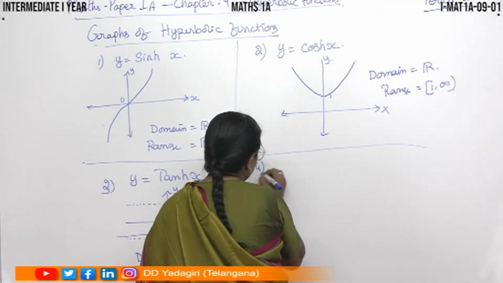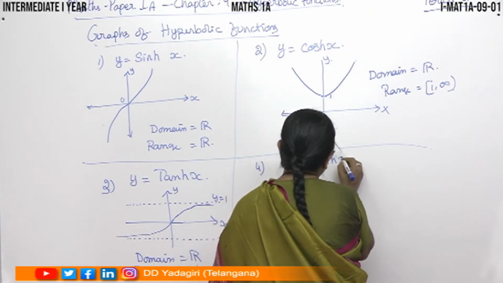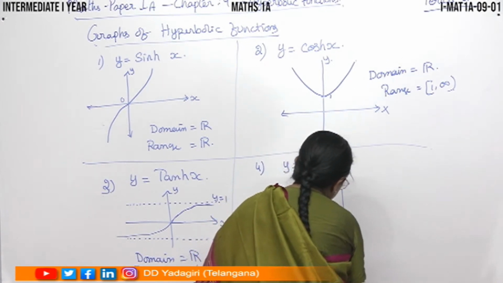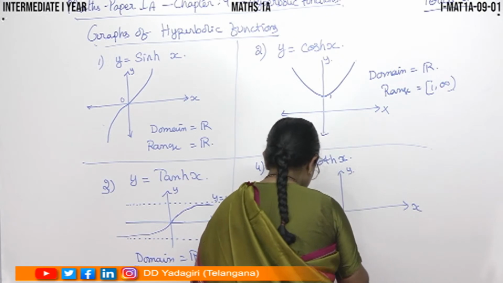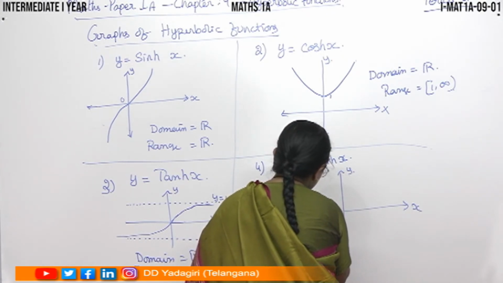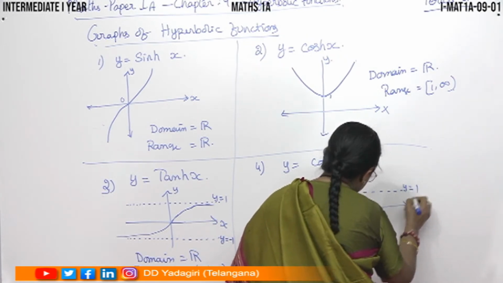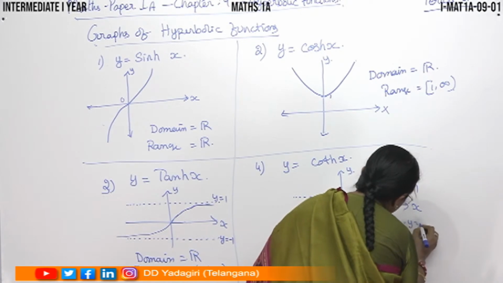Next, fourth one is y is equal to cot hx. Your graph will be like this. X-axis, y-axis, and then you draw the lines y is equal to 1 and y is equal to minus 1.